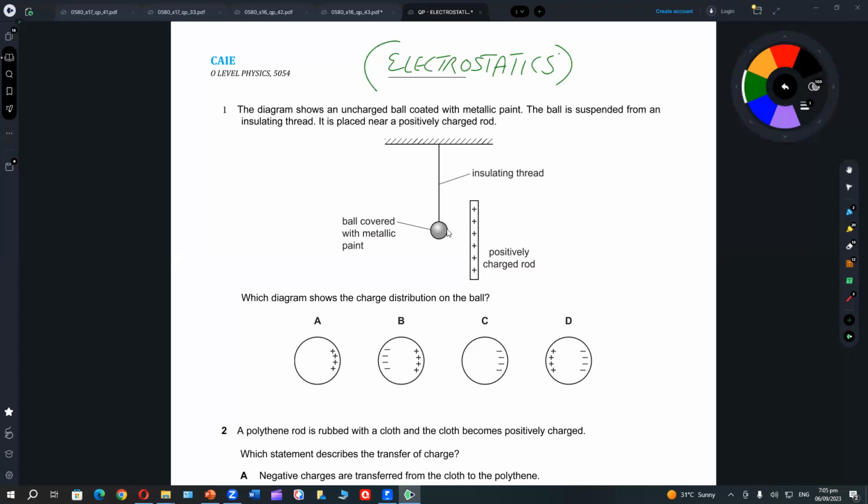The point is that if the rod is placed near it, it will be an induction like this. I have shown the first step. This is called electrostatic induction.